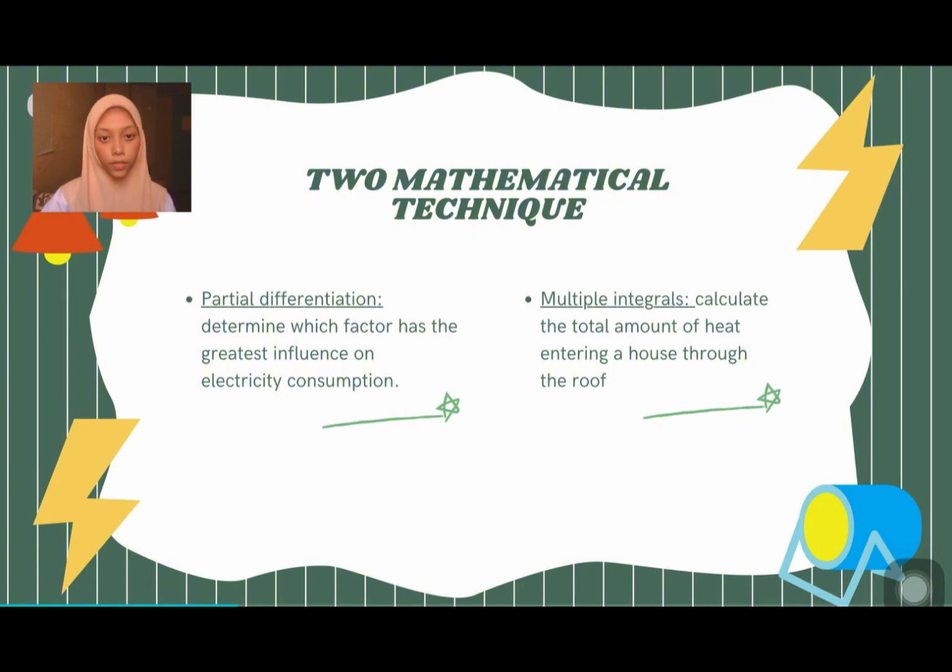In this project, we use two mathematical techniques, which are partial differentiation and multiple integrals. Partial differentiation is used to determine which factor has the greatest influence on electricity consumption, while multiple integrals are used to calculate the total amount of heat entering the house through the roof.